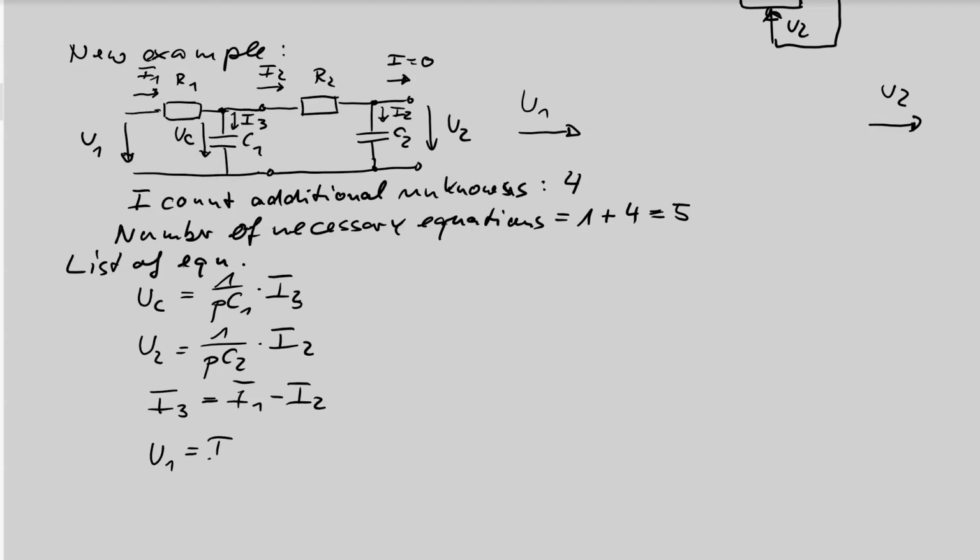This is I1 times R1, voltage over R1, plus UC, voltage over C1. This is the first loop rule, and we have a second loop where we can write down UC is I2 times R2, voltage here, plus U2.